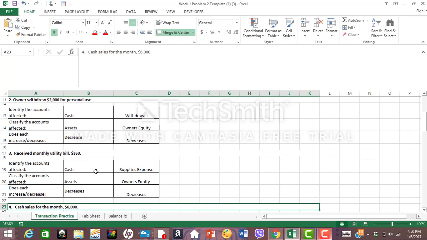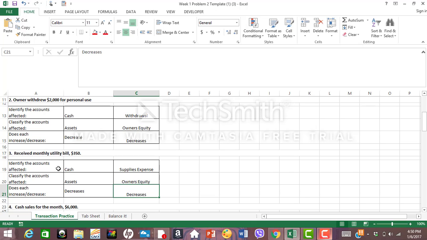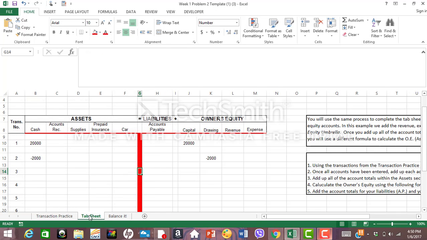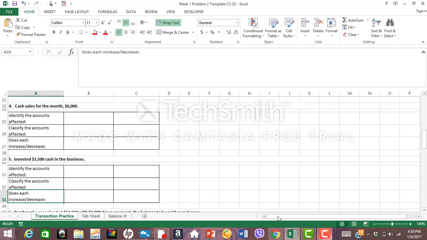In this case, increases, but the left side has to equal the right side. So that would be minus 350 for cash, and expense is 350 over here.